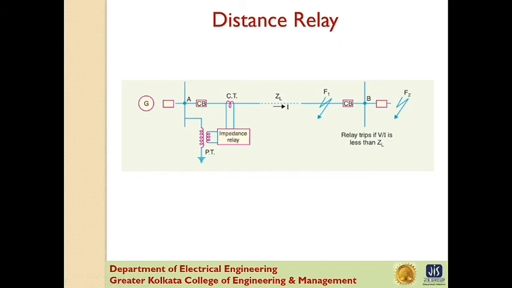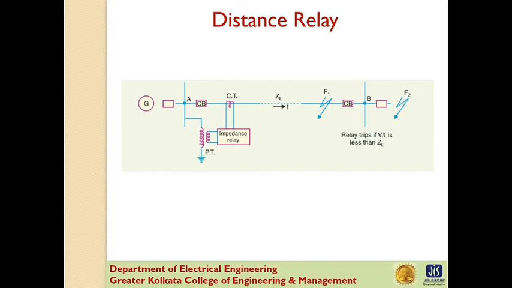Should the fault occur beyond the protected zone, say F2, the impedance will be greater than ZL. So the relay does not operate in this case. The distance or impedance relay is essentially an ohmmeter and operates whenever the impedance of the protected zone falls below a predetermined value.